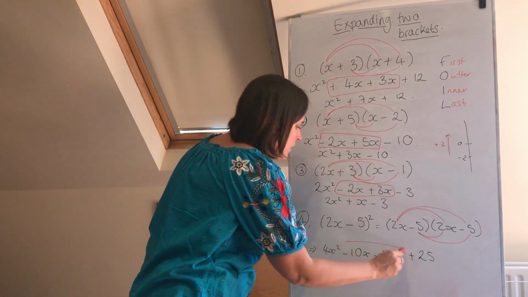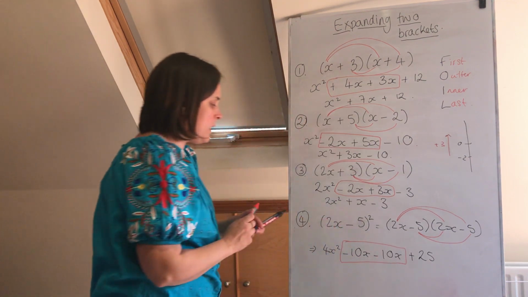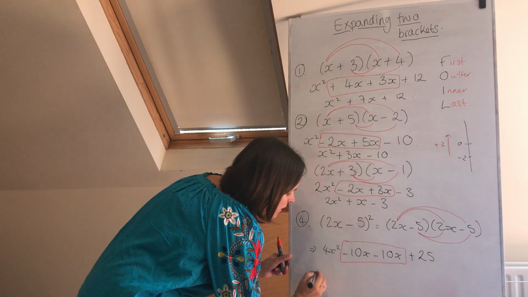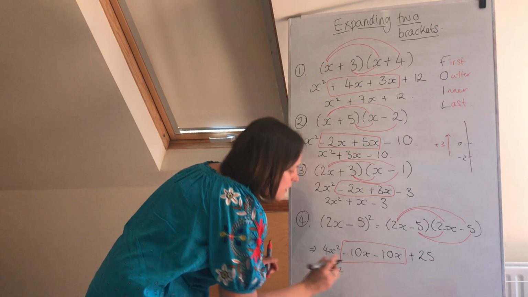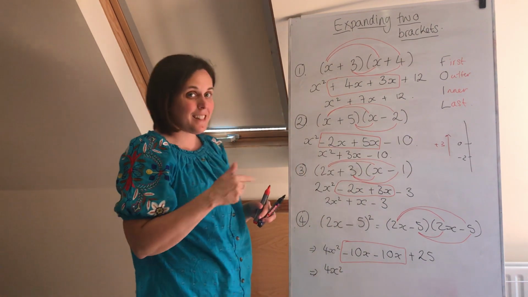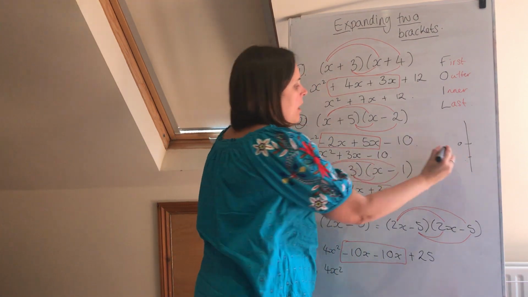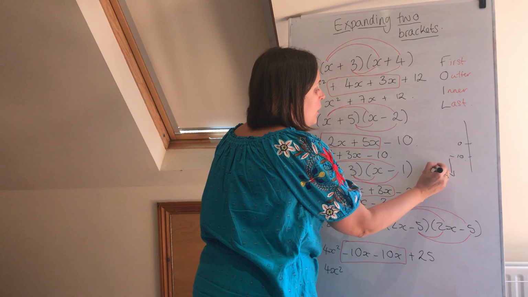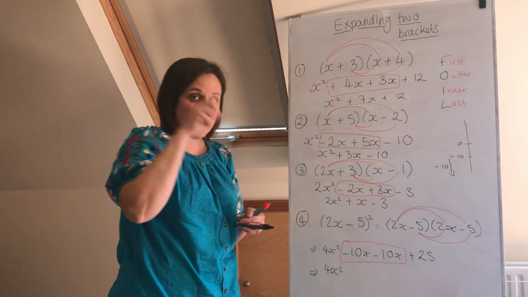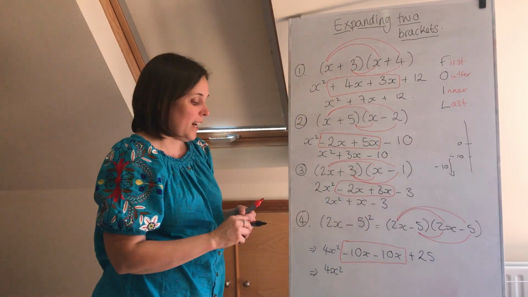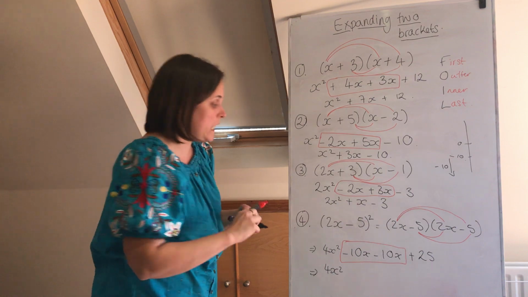Now if we collect those two terms together in the middle, we get 4x squared. Now we've got negative 10 take away 10. So come back to our number line. This time we're at negative 10, but we're going to take away another 10. Think about where that takes you, and actually you get negative 20.